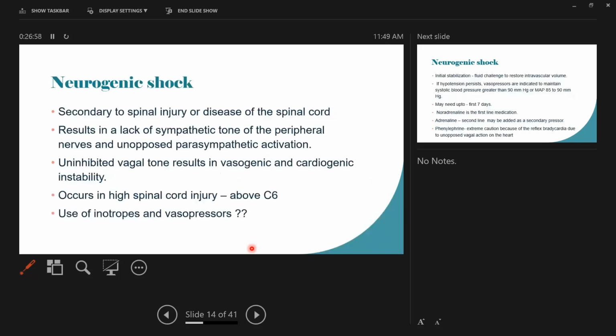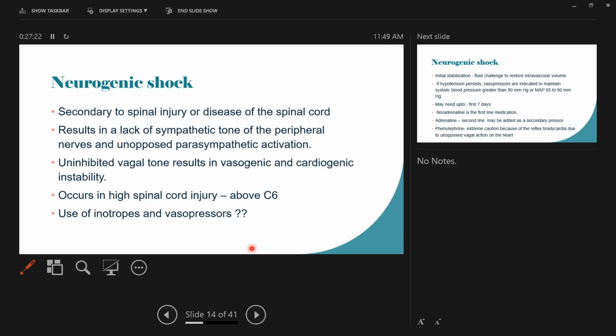Neurogenic shock is something that you observe secondary to spinal cord injury or any disease in the spinal cord. In the spinal cord, there is a part where the sympathetic nerve supply is also there. When you lose all the sympathetic tone, there will be peripheral vasodilatation. That is why you get a neurogenic shock.